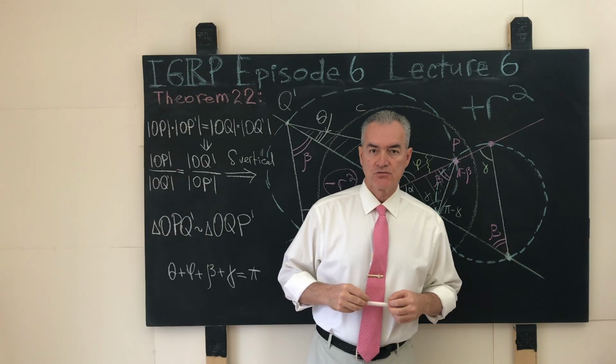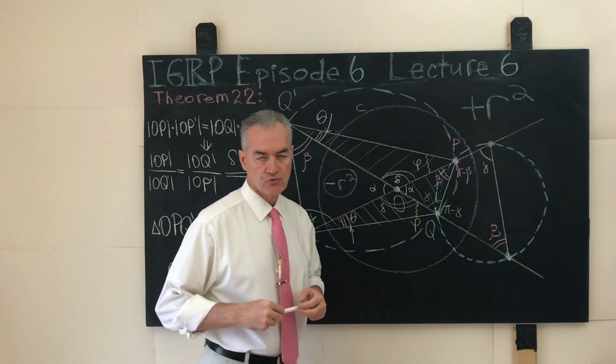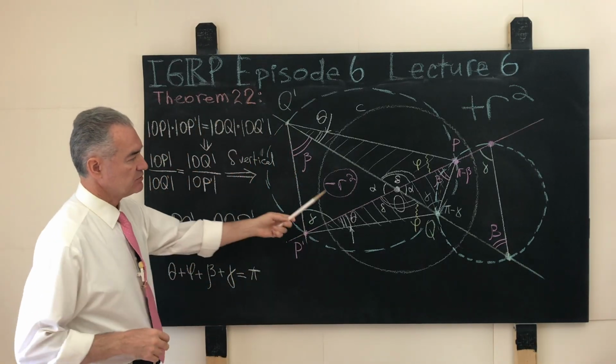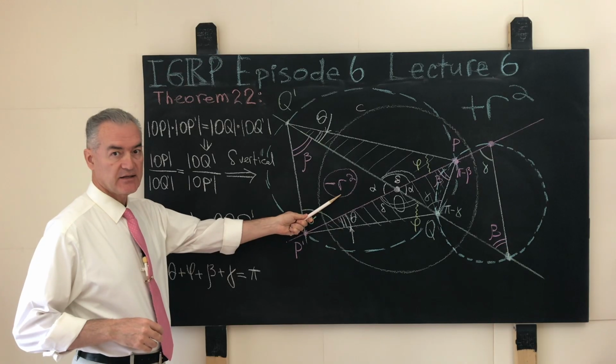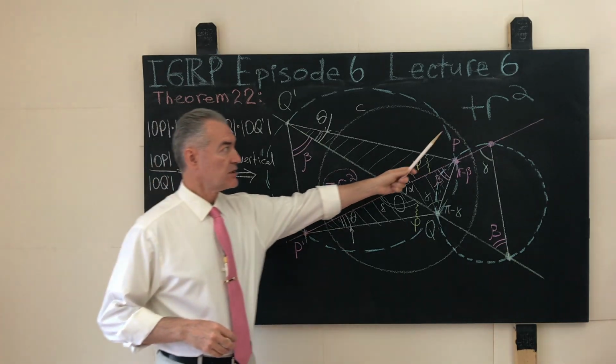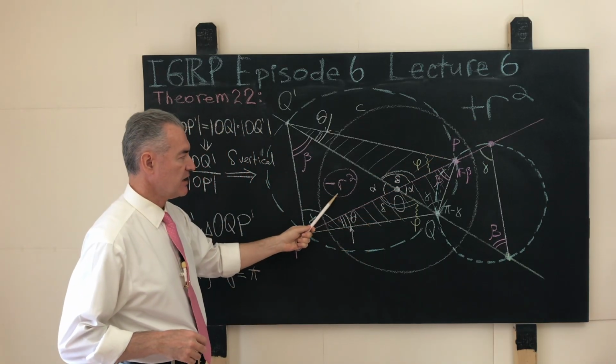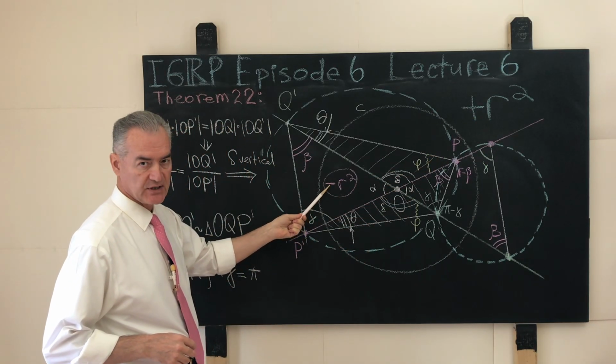The second related low-hanging fruit corollary of theorem number 22 comes about if we consider the negative power of inversion. Not the positive one as we did in the previous segment, but the negative one, shown with the minus sign.